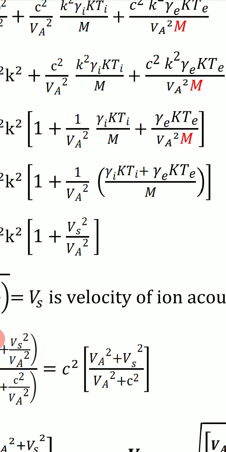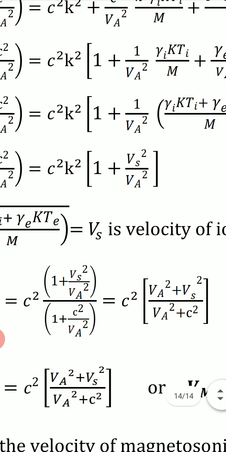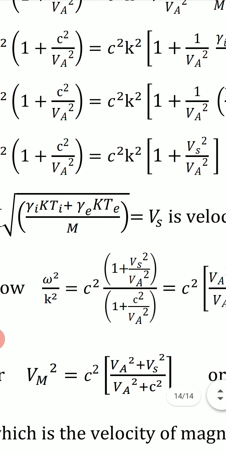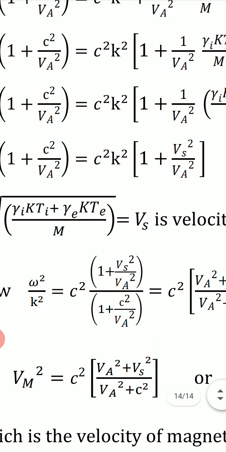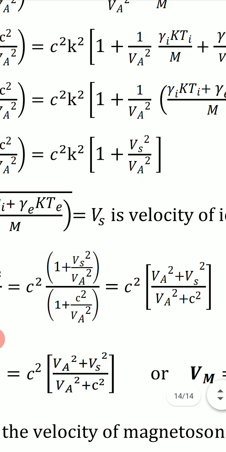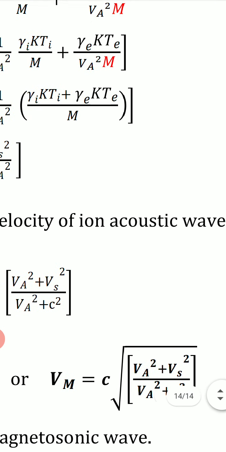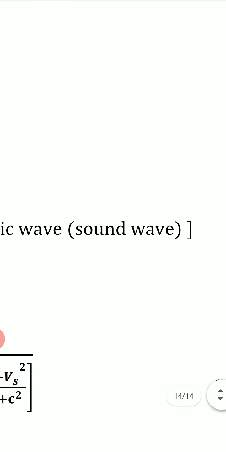Then with 1 upon Va square we have gamma I kTi plus gamma E kTe upon m, and this quantity inside the bracket we write as Vs square. Vs is under root gamma I kTi plus gamma E kTe upon m. It is the velocity of ion acoustic wave, that is sound wave.